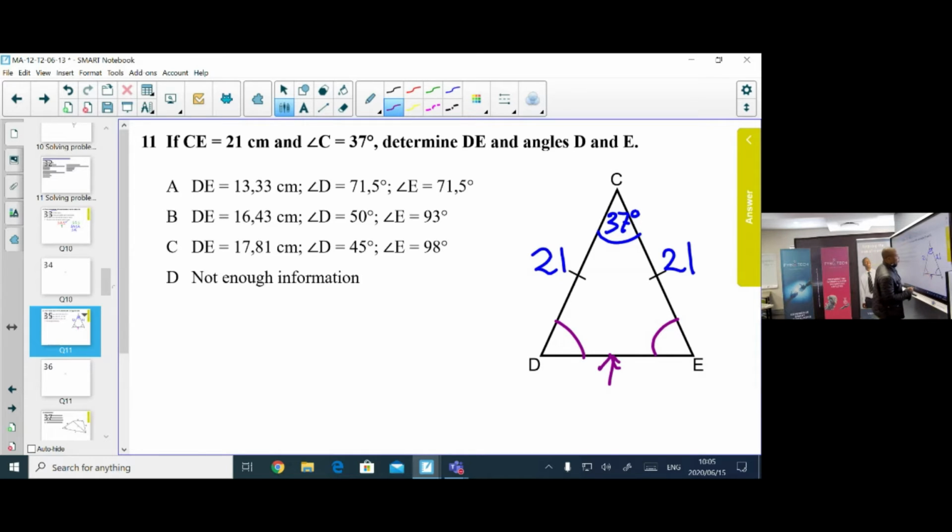One of the ways to do that would simply be to say that the sum of angles in a triangle is 180.